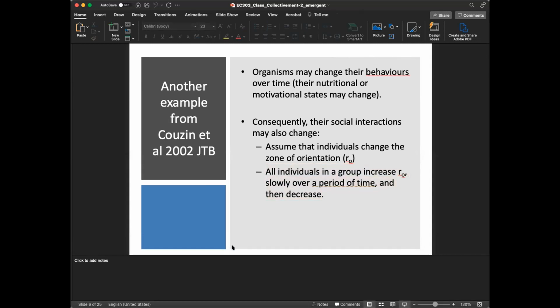When the group of fish have low light, they cannot see, therefore they don't interact, therefore they don't align with each other. As the lighting conditions increase, for example during early morning, their R0 could potentially increase, right? And then eventually, when the lighting conditions go down, their R0 might reduce. This is one way this could actually happen.